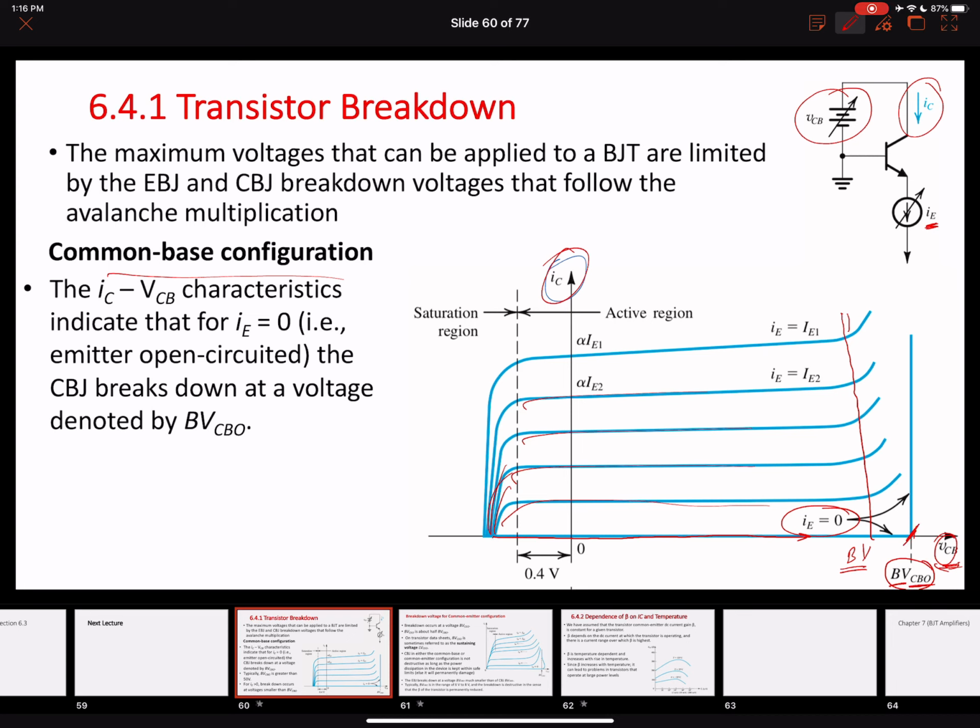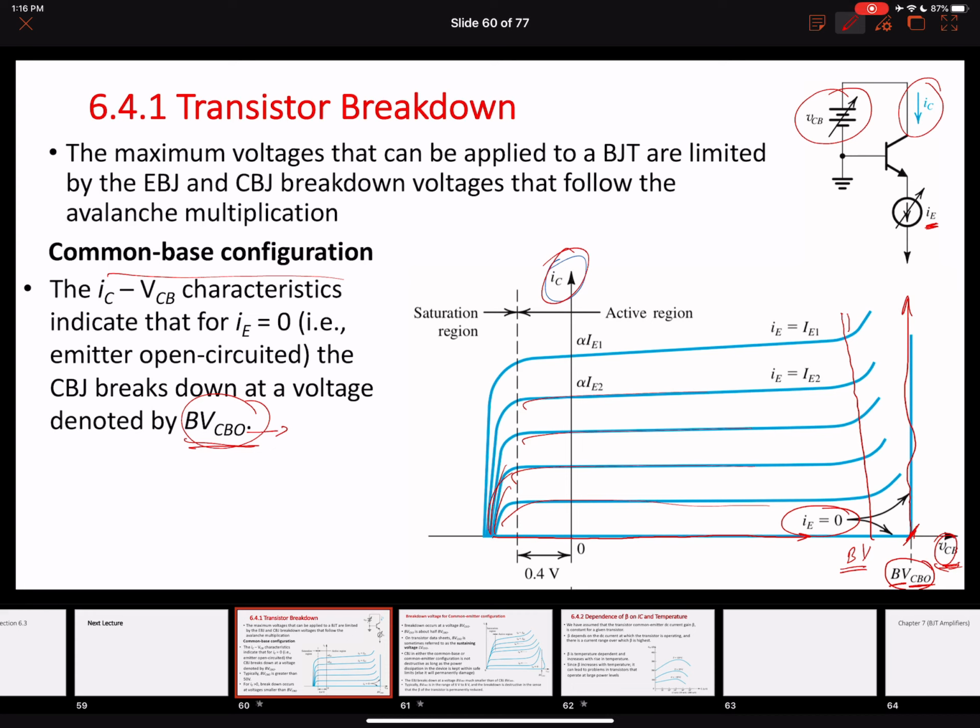At this voltage, we have huge avalanche multiplication, a huge flow of current, right? So when the emitter is open circuited, the collector-to-base junction breaks down at this value BVCBO.